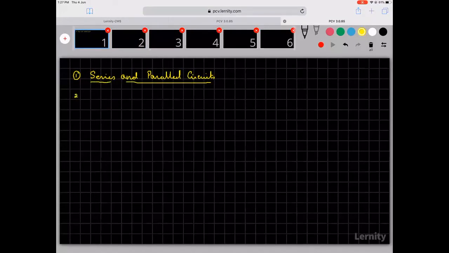I explained to you where we can apply series and parallel, and then we did a couple of questions. Then we moved on and did the Wheatstone bridge circuit.